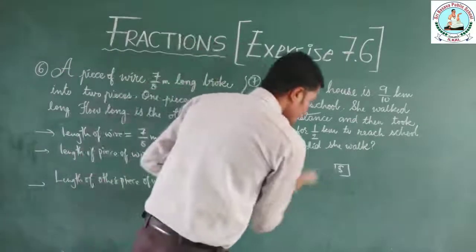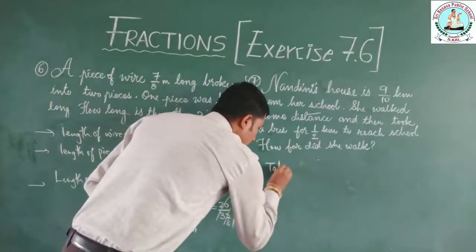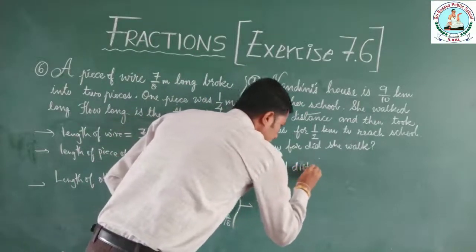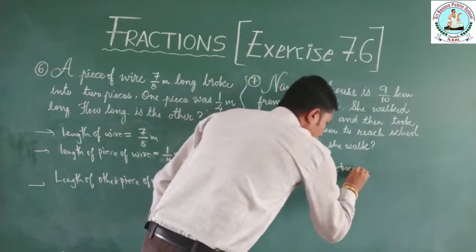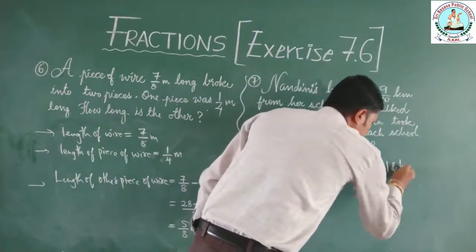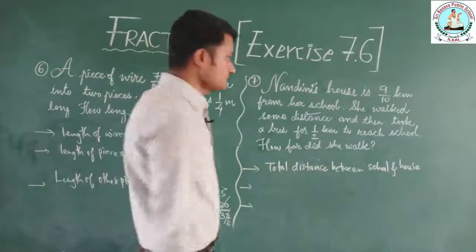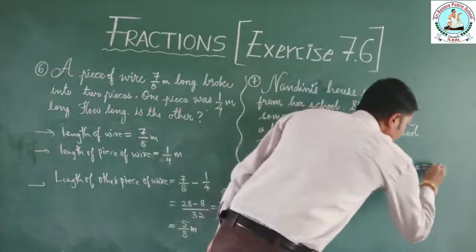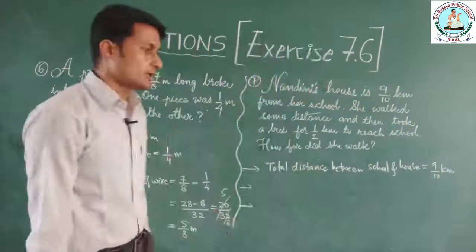So what's your first sentence? The sentence would be total distance between school and house. So what is the total distance between school and house? It is 9 by 10 kilometer, correct? 9 by 10 kilometer.